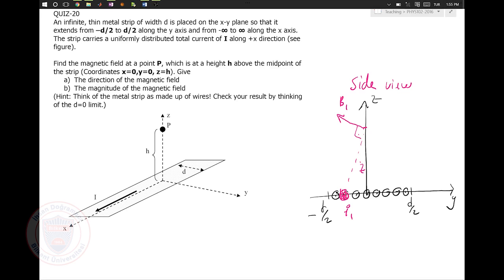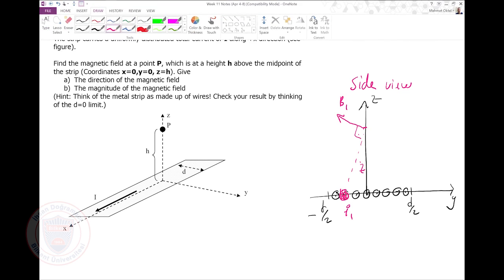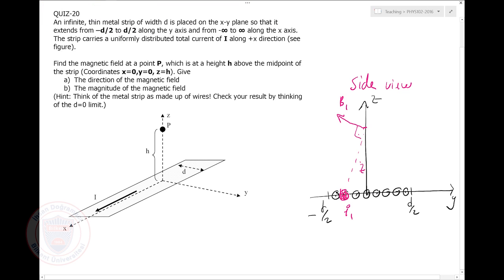Now, if I look at the symmetric piece, just on the opposite side of the y-axis, if I take another small section which has current coming towards me, which way will be the magnetic field created by this current?